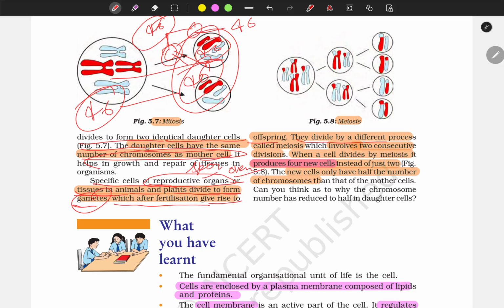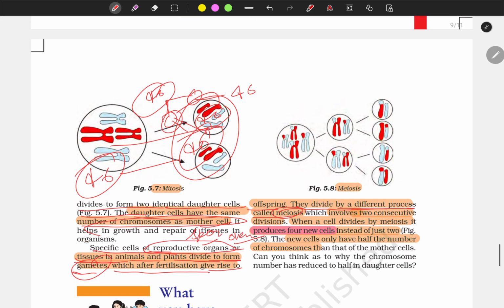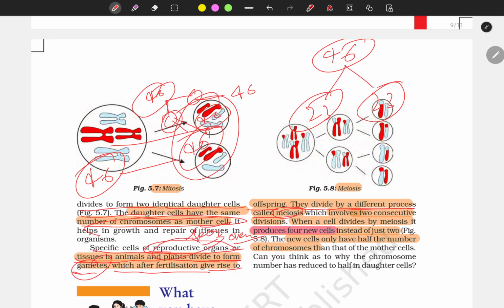They divide by a different process called meiosis. So when a cell having 46 chromosomes divides into daughter cells with 23 chromosomes, this process happens only in reproductive cells, and this division is called meiosis.